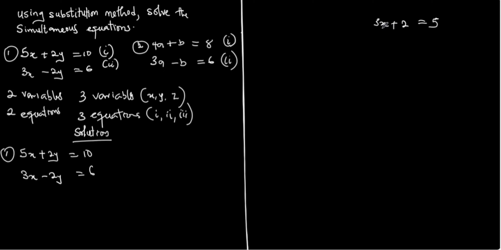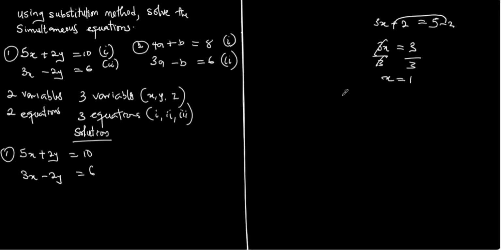So for me to be able to find the value of the unknown, I have to have one term on the left-hand side as well as one term on the right-hand side, such that if I take 2 to this side, it becomes minus 2, and then the term on the right-hand side will equal 3 after subtracting 2 from 5. So it is at this point, where I have one term on the left-hand side and one term on the right-hand side, that I can now find the value of x by dividing both sides by the coefficient of x, and we say x is equal to 1.